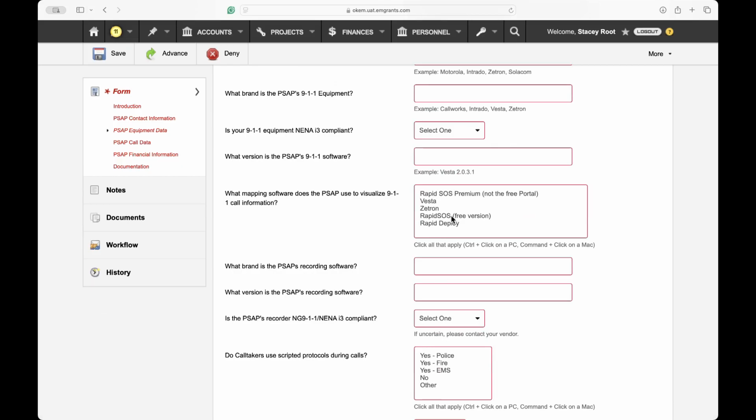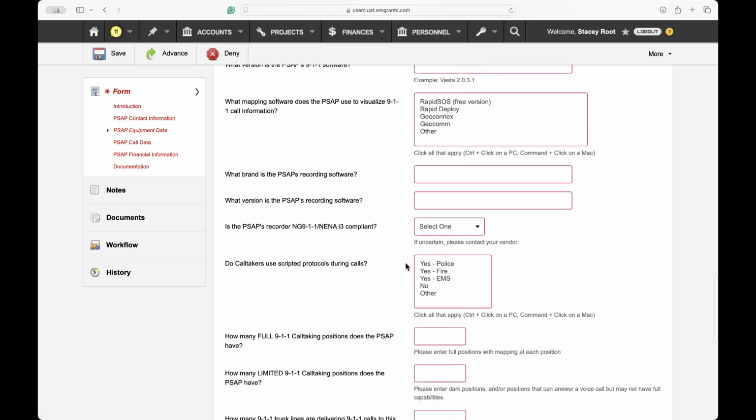What brand is the PSAP's recording software? Very important. What version of PSAP's recording software? Very important. And is the PSAP's recorder NG911 NENA i3 compliant? Very important. These are all things that are potentially going to be impacted by NG911 core services in the next 12 to 18 months. So we have to make sure that this is as accurate as possible with what you're using today.